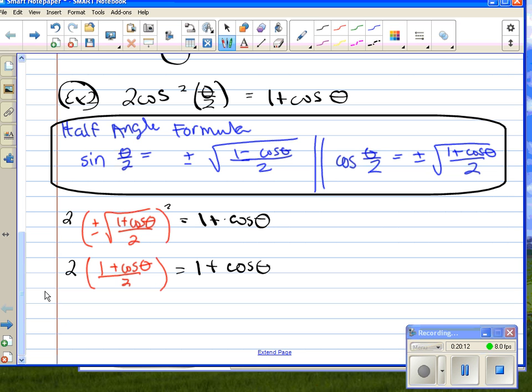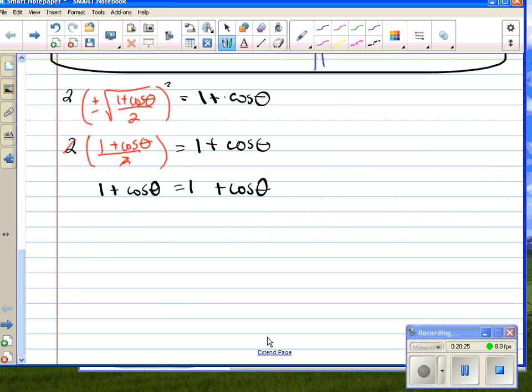Twos cancel out. And you end up with 1 plus cosine equals 1 plus cosine. And that is exactly left side equals the right side. So we're happy.